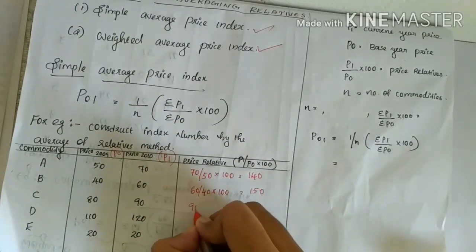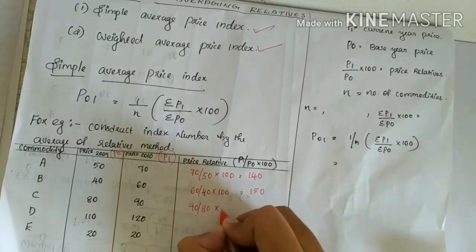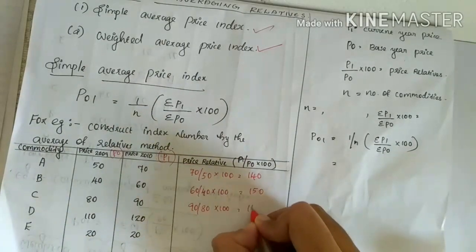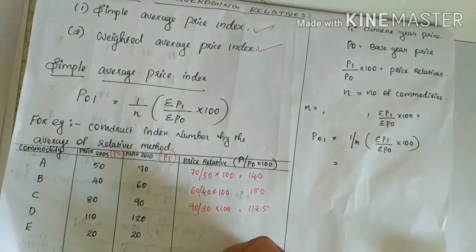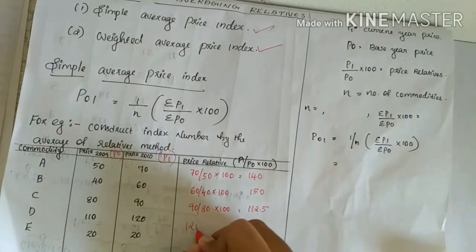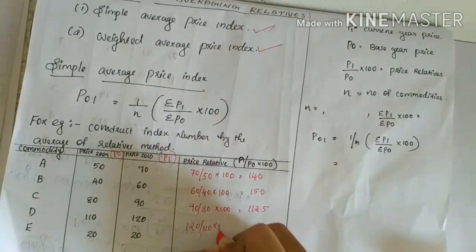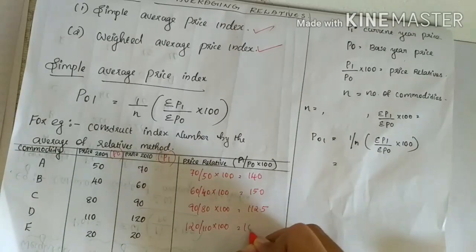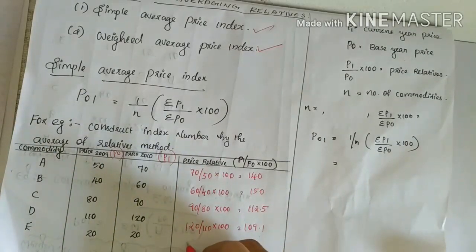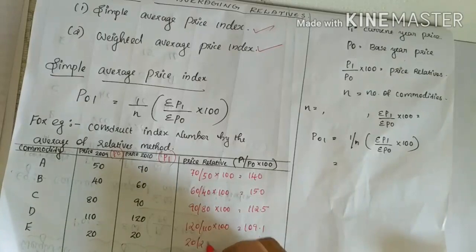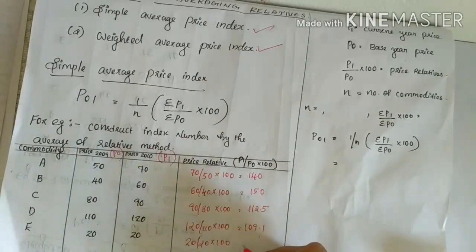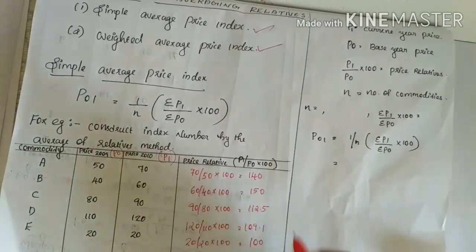Then again, 90 divided by 80 into 100 is equal to 112.5. And again, 120 divided by 110 into 100 is equal to 109.1. Then next one, 20 divided by 20 into 100 is equal to 100.